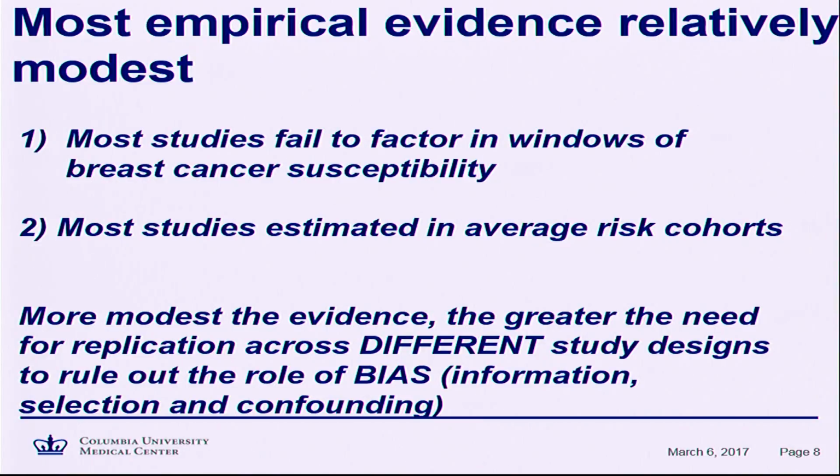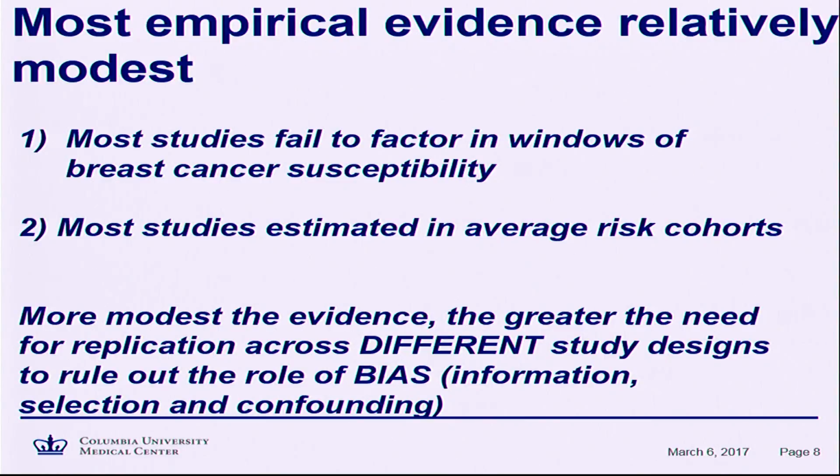And so particularly for exposures that may have modest associations, we really do need to think about ways that we can have enough precision and power to really look across the spectrum of risk and really have the ability then in observational studies.